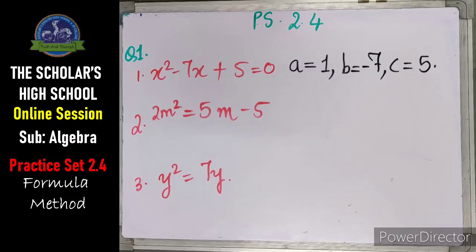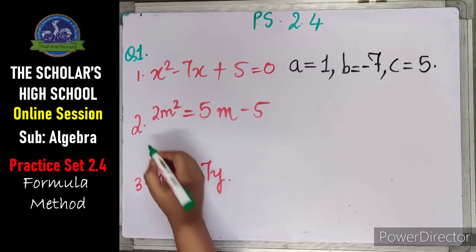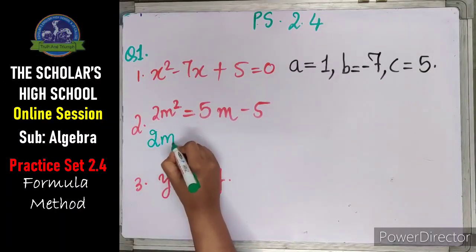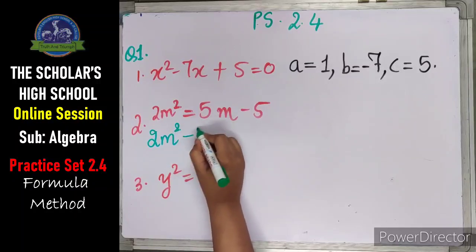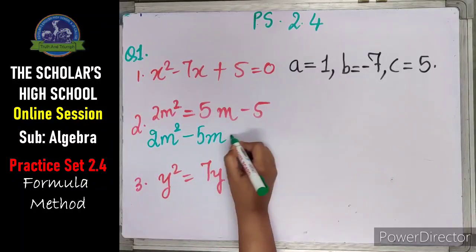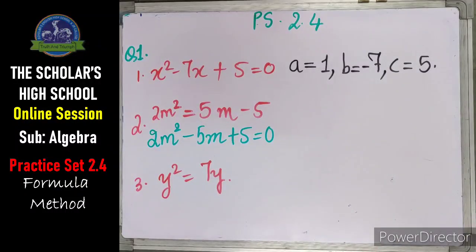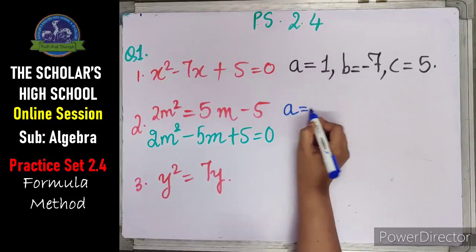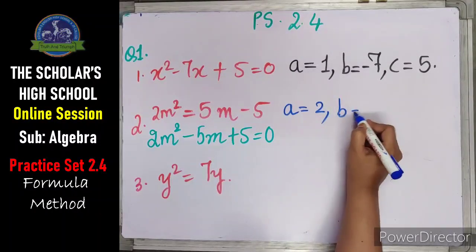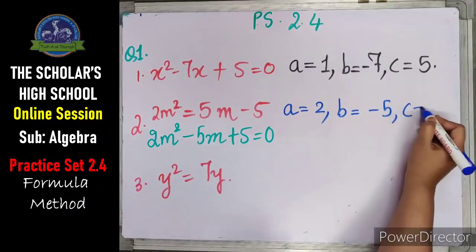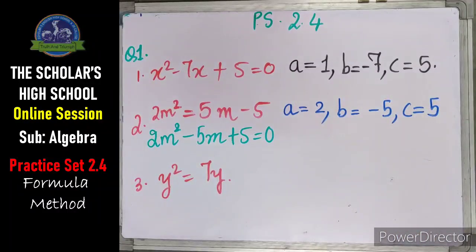Coming to the next equation, you will see the equation is not arranged. So first you will arrange it: 2m square plus 5m will become minus 5m, and minus 5 will become plus 5, equal to 0. Now you will compare it with the standard form. So you will get a equals 2, b equals minus 5 and c equals 5. The third equation given here is y square equals 7y.